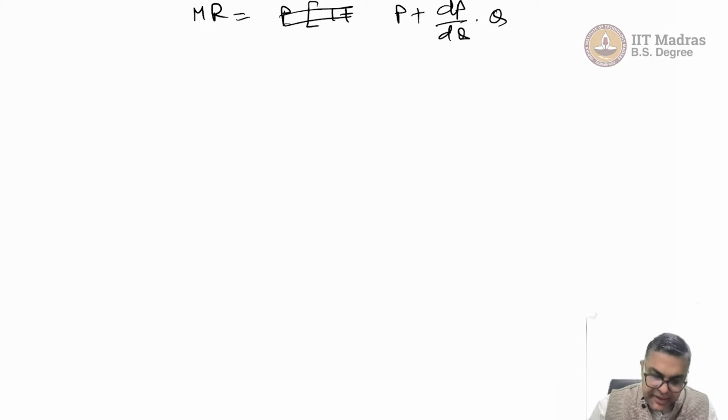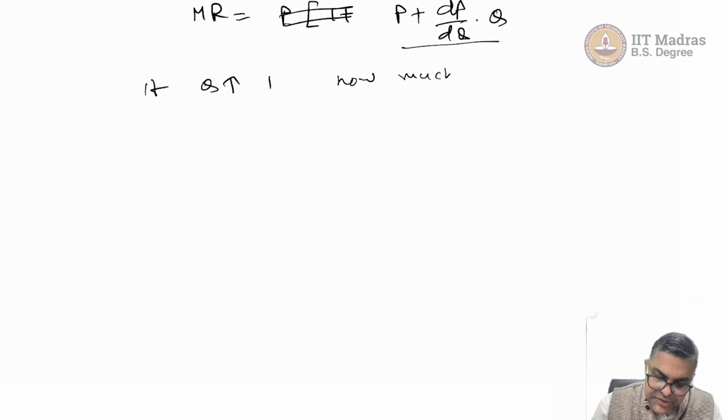And how are we getting MR as this? What is MR? The rough idea about MR is that if Q goes up by 1 unit, how much change do we get in total revenue.